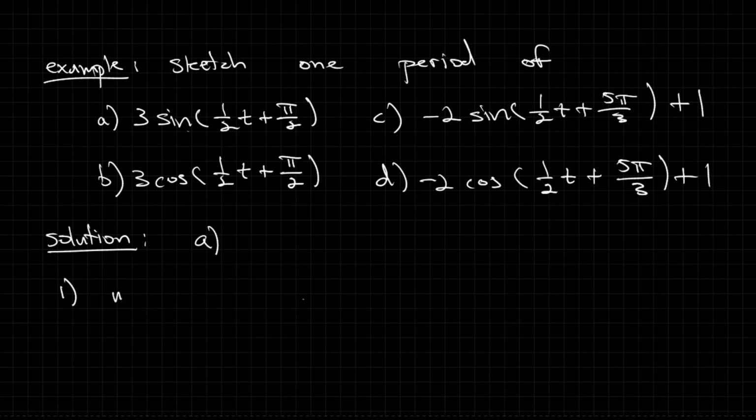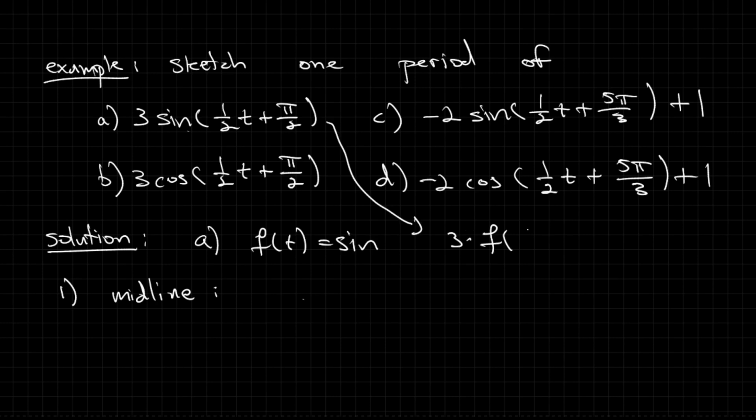So for the midline, we'll take the y value of 0 and we'll apply the transformations that are here. Now if f of t is the sine function, then this here can be written as 3 times f of 1/2 t plus pi over 2.